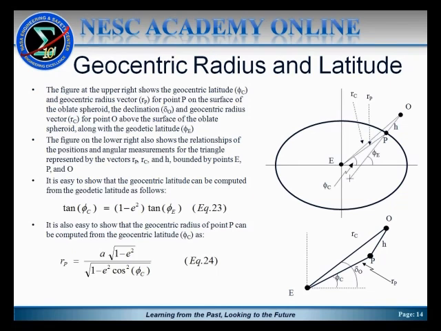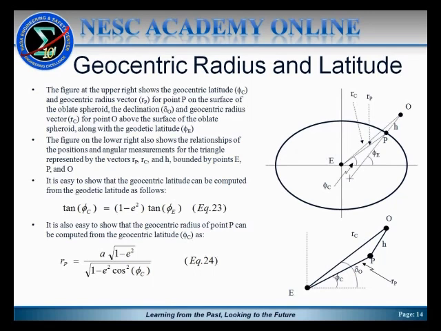Then it can be pretty easily shown from simple elementary geometry that the relationship between the geocentric latitude and the geodetic latitude is as shown in equation 23, that the tangent of the geocentric latitude, phi sub c, equals (1 minus e squared) times the tangent of the geodetic latitude, phi sub e. It's also easy to show that the geocentric radius of point P can be computed from the geocentric latitude from equation 24.